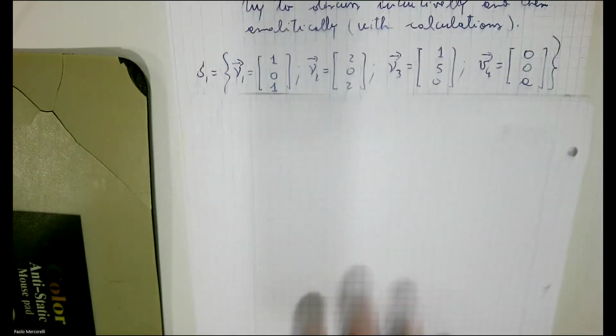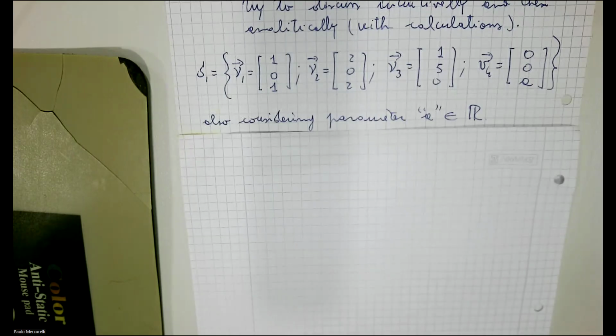Look, I will give you this, in which, as before, A is a parameter which belongs to R. Intuitively, in your opinion, think 1 second intuitively, and then we discuss together.